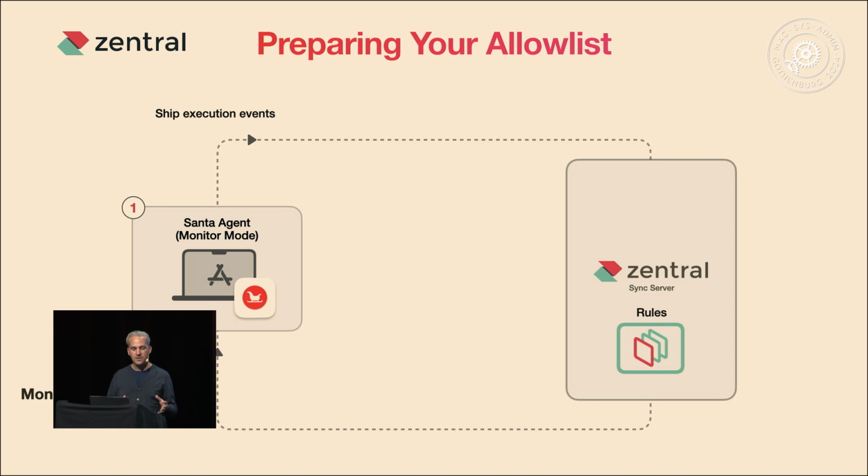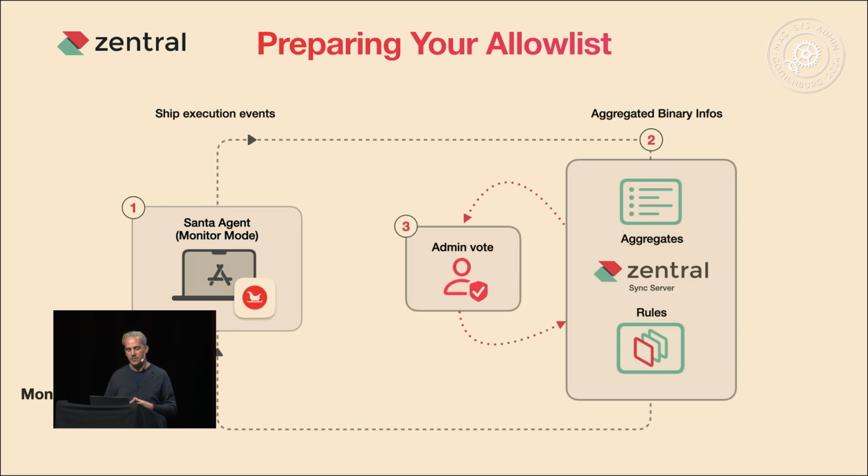These are stable identifiers for software publishers or apps, and they don't change on app updates, which is ideal for our task. Zentral keeps account of how often Santa has seen the target and aggregates this information. In a comprehensive view over the targets, admins can then vote on ungoverned apps and add them to the allow list.